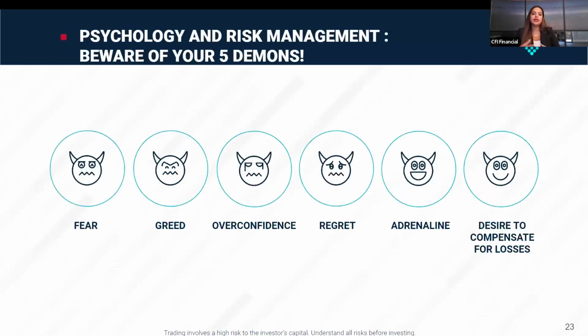So basically, now we're going to discuss the psychology and risk management aspect. It's very important to try to avoid these emotions when you start trading. For example, it's very important to avoid fear and greed, to overcome the feeling of regret, especially if you have many losses, and to avoid overconfidence.